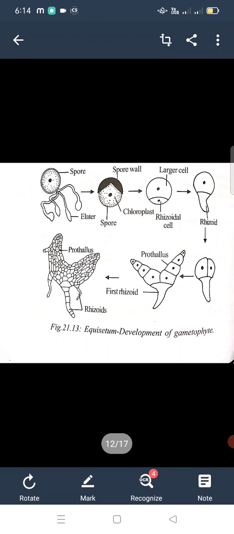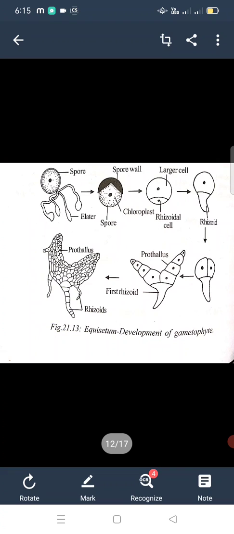The prothallus divides and produces many cells. The basal cells develop rhizoids, and the upper cells are chlorophyllous. The upper cell develops into thallus. The prothallus becomes branched and develops into the gametophyte. From this prothallus, the gametophyte is developed, and the gametophyte develops archegonia and antheridia.